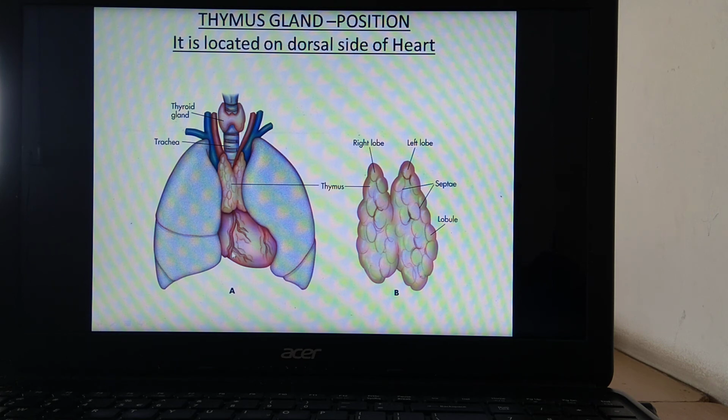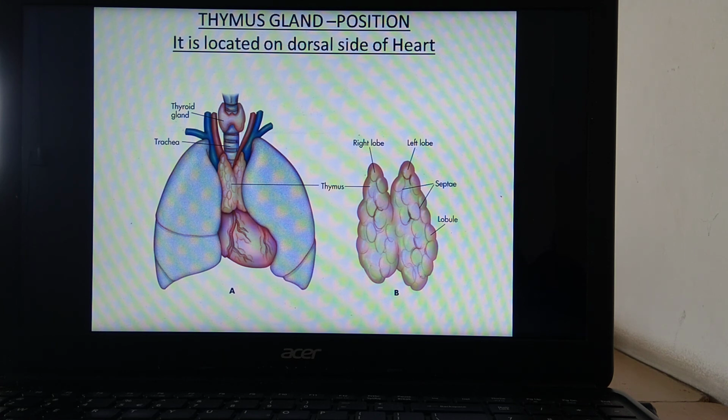Towards the back side, or the dorsal side of the heart, you can see this two-lobed structure. This is the thymus gland. It consists of lobulated structures. Small lobules all come together and form two major lobes. So the right lobe and left lobe together constitute the thymus gland.